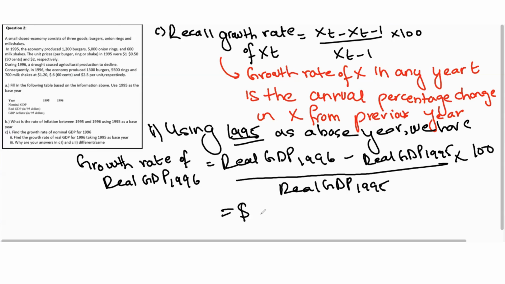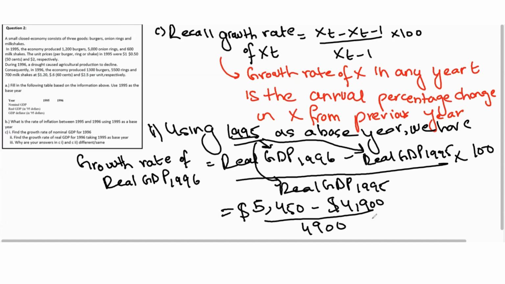We already calculated this in part 1, where this is 5,450. Obviously, all these real GDPs are calculated using 1995 as a base year, right? So 5,450 minus 4,900 divided by 4,900 multiplied by 100 is equal to 11.22%.